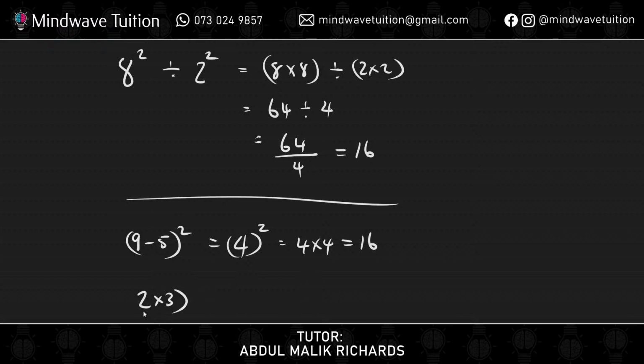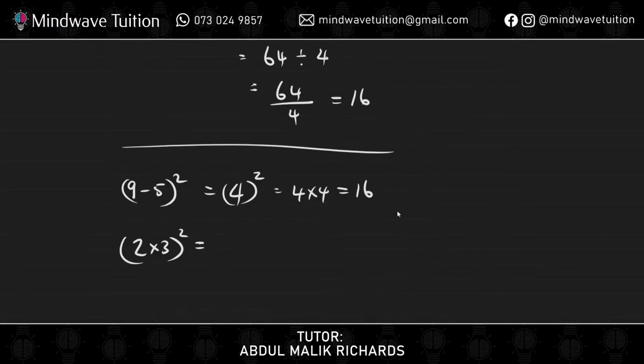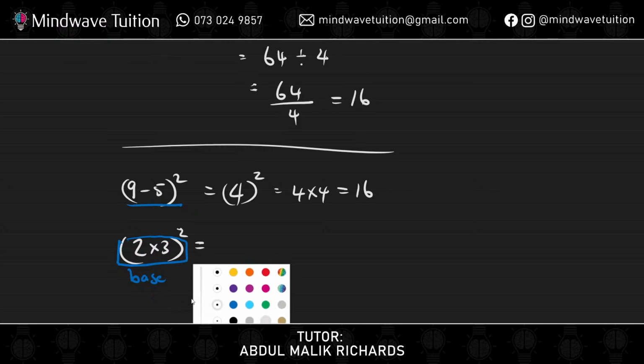They could give it to you like this. So 2 times 3 to the power of 2. So first do 2 times 3. We can see that the square over here is on top of the bracket, which means this entire bracket over here is your base, just like this one over here. And since the base needs to do some work first, that's what we have to do.